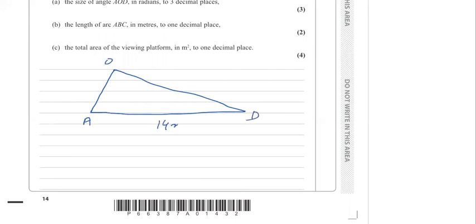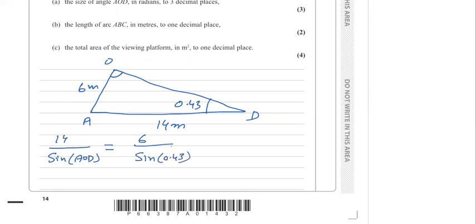This side is 14 meters, this angle is 0.43 radians, and this side is 6 meters. Using the sine rule, this side divided by the sine of this angle equals this side divided by the sine of this angle. So 14 over sine of angle AOD equals 6 over sine of 0.43 radians.